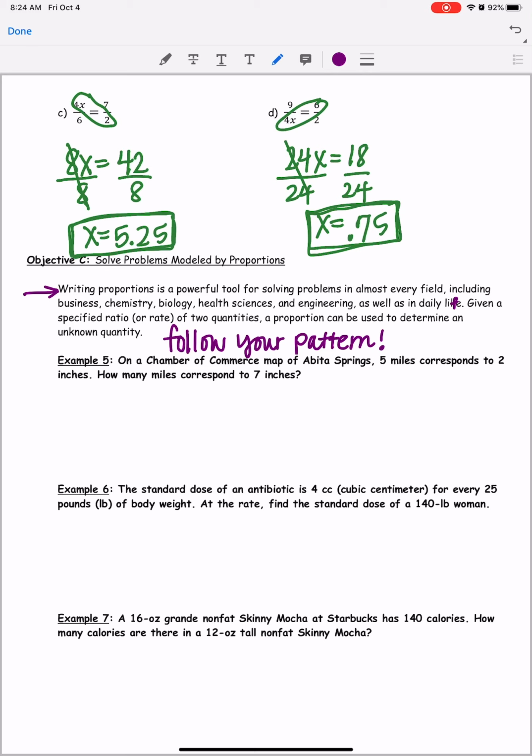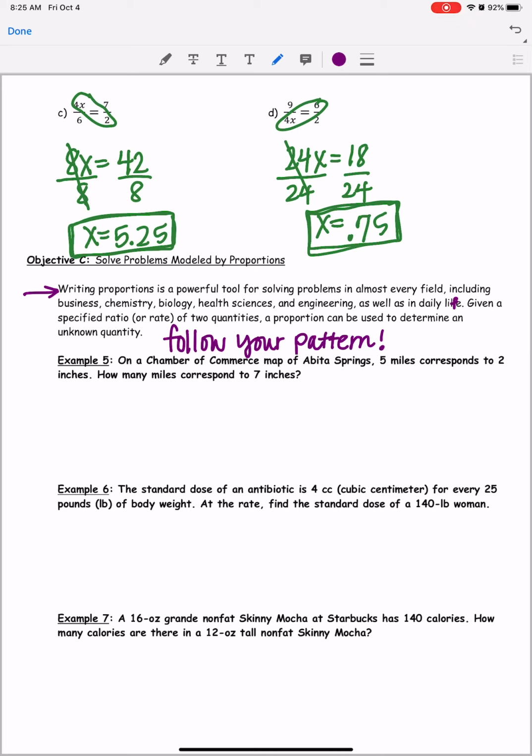Example 5 says on the Chamber of Commerce map of Abita Springs, 5 miles corresponds to 2 inches. How many miles correspond to 7 inches?